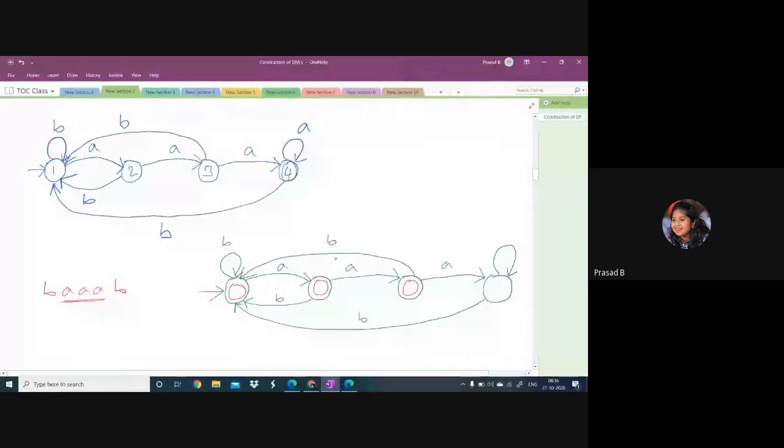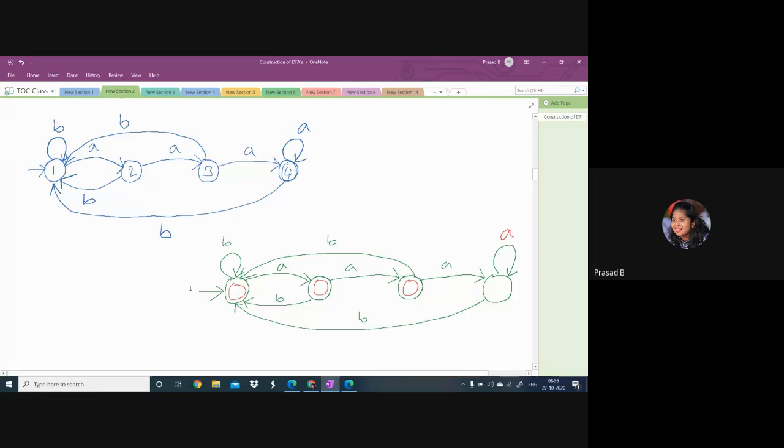And as this is not ending with AAA, it goes to final. Again A, final. Again B, final. It accepts every combination of A and B except when the last three symbols are A's.